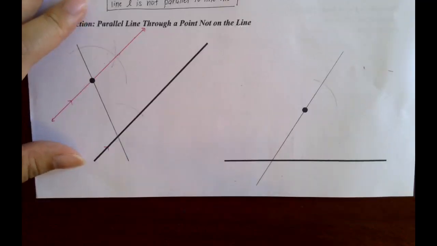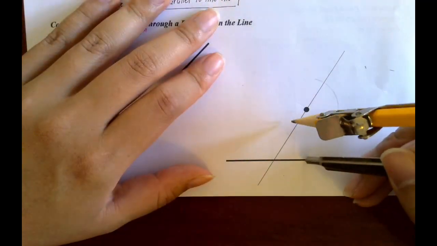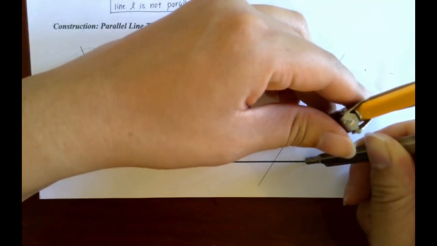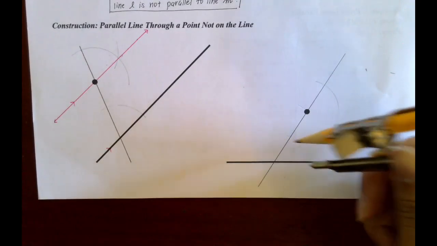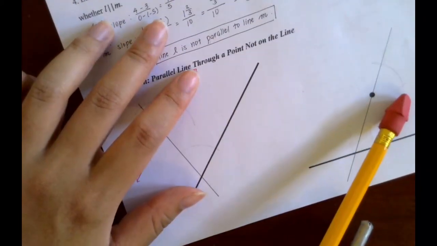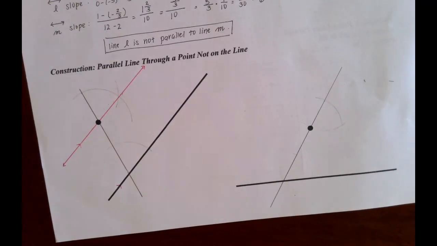Then, you're going to measure how far this arc is from here. And then I'm going to go to here, and then I'm going to make that same. And where that meets, that's where the new parallel line is going to go through.